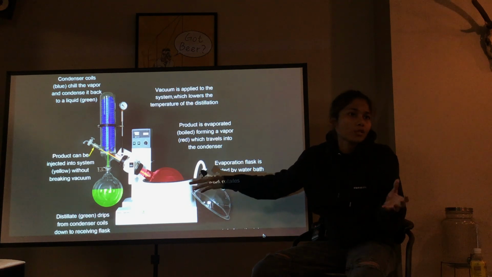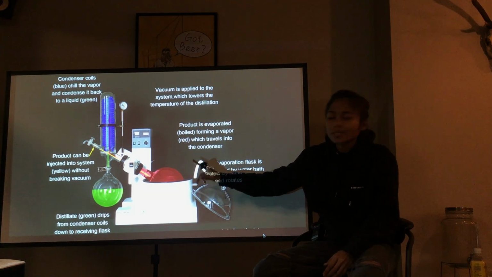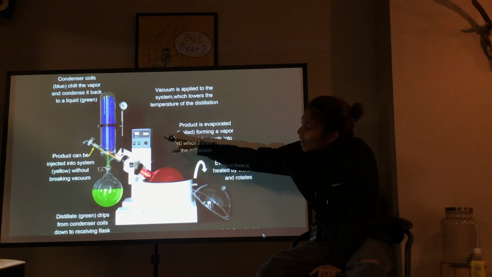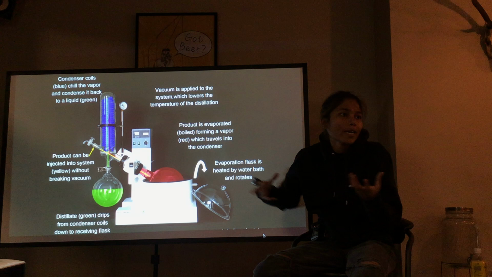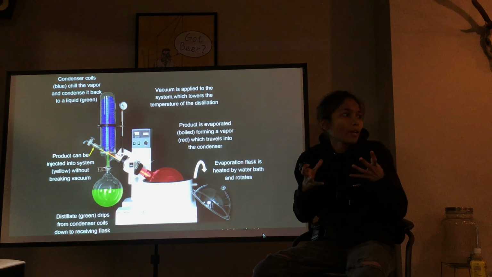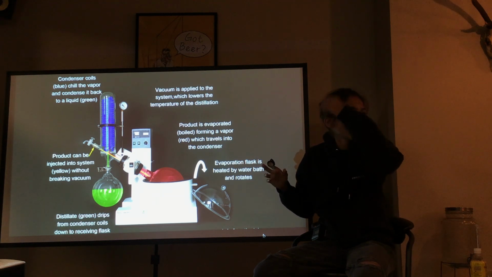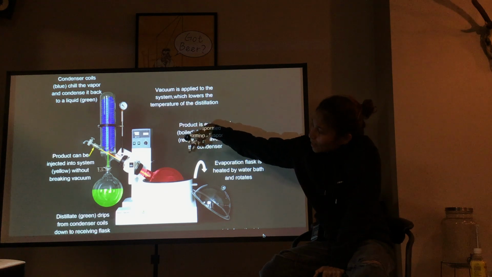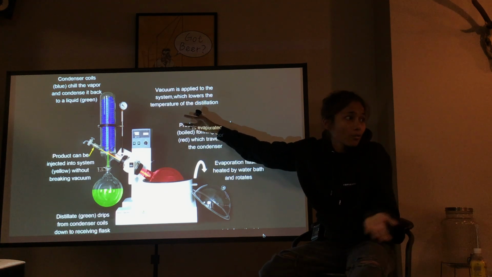I throw strawberries and gin in here, and I keep the bath at 16, right? Then the unit on top is a vacuum machine, which puts the whole system in a vacuum. Then it goes up here and starts evaporating at around 16 degrees.